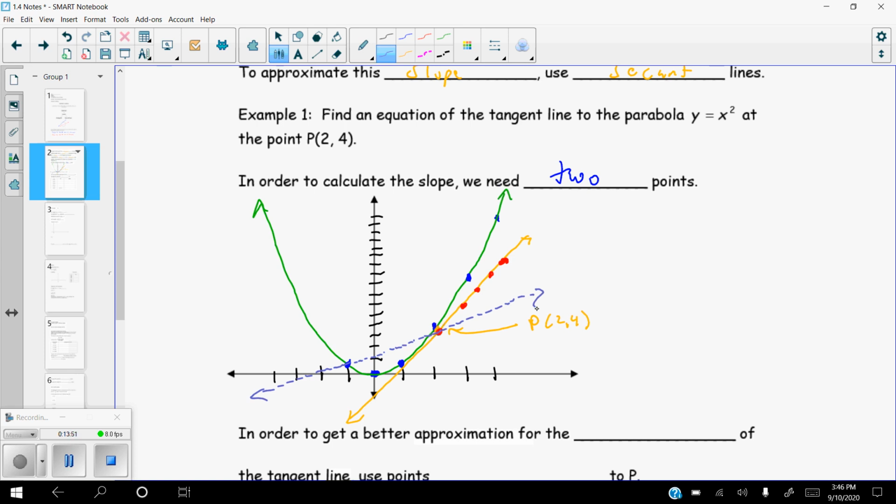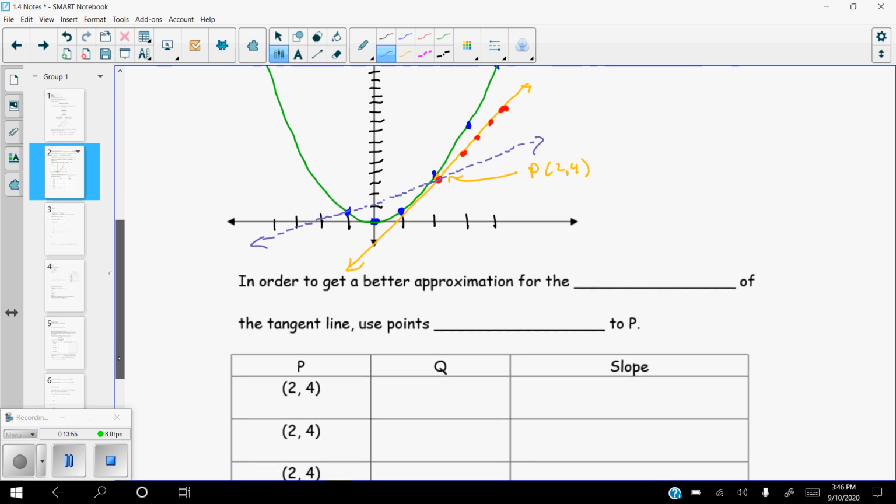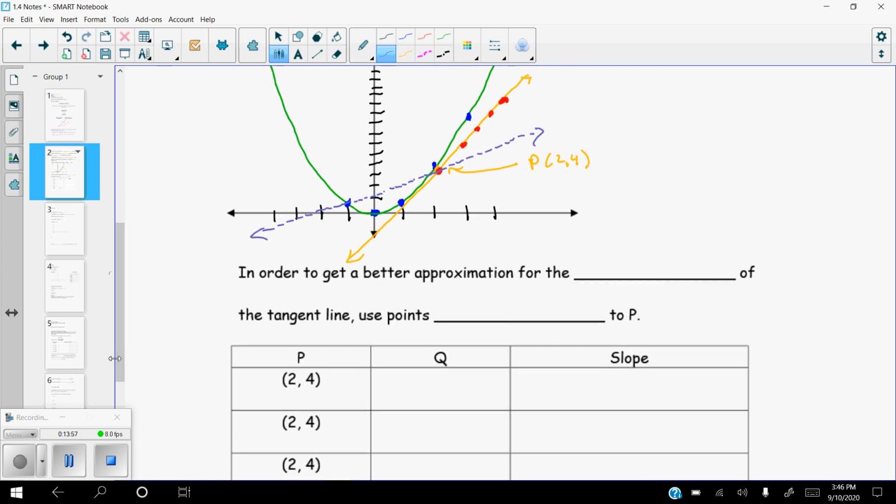Well, now I can find the slope of that purple dotted line. That I can do. We're going to call this other point right over here Q. That's the point (-1, 1). We can find the slope between 2 points. That's just your basic y2 minus y1 over x2 minus x1.